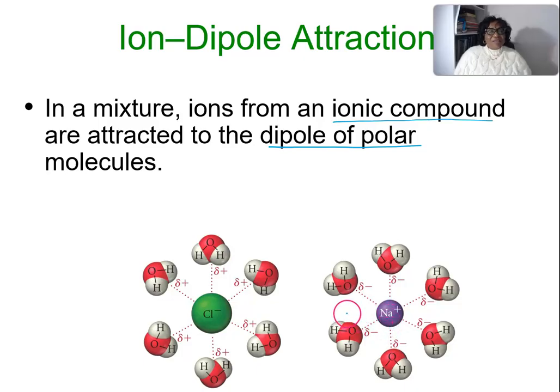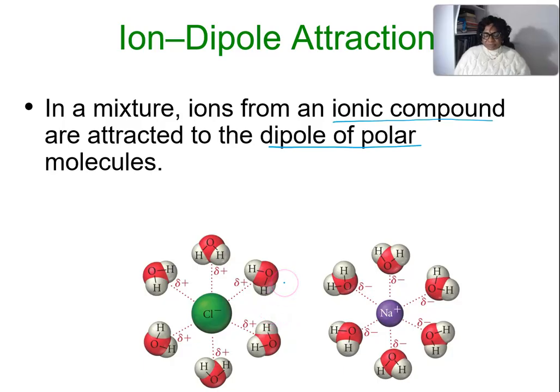So inside this solution, you have charged particles moving in. All that is because of ion-dipole attraction. This is how ionic compounds dissolve in polar solvents. But non-polar solvents cannot dissolve ionic compounds because they cannot form this attractive force.